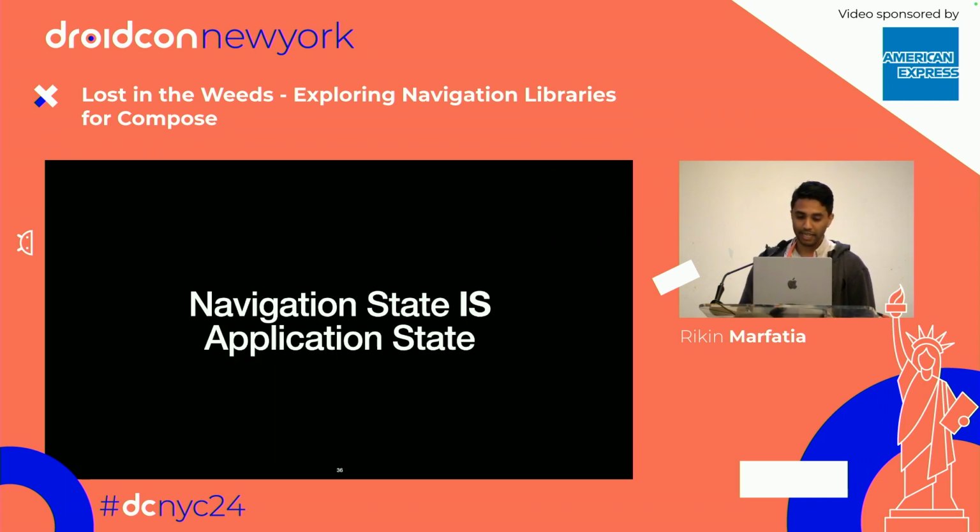One thing that I really feel is important is this concept of navigation state being application state. A lot of that stems from the fact that, especially with Navigation Compose, it feels like there are two sources of truth when it comes to state. You have your navigation state, and then you have your application state.